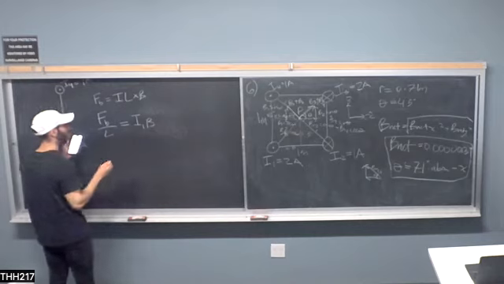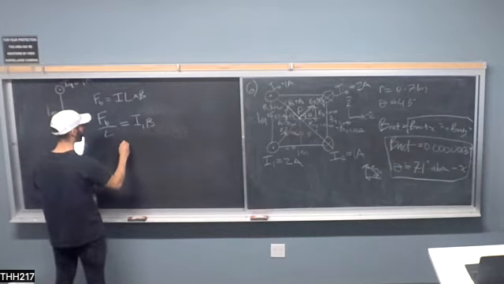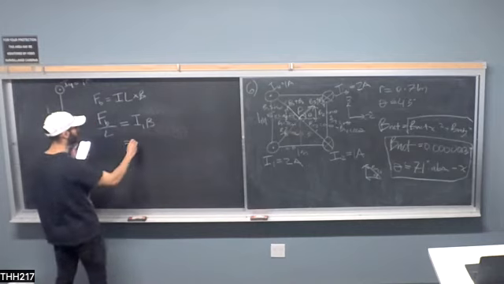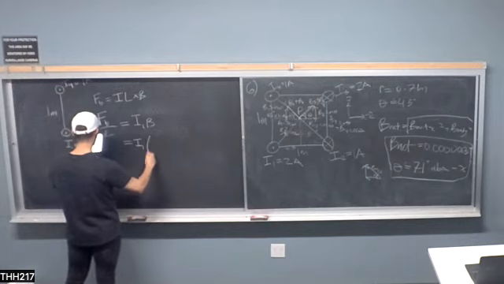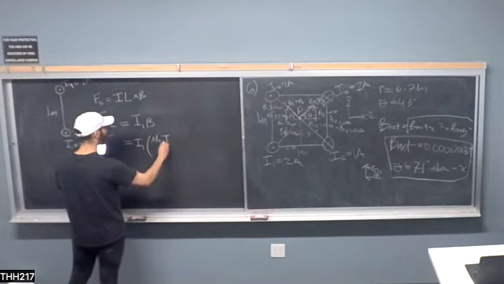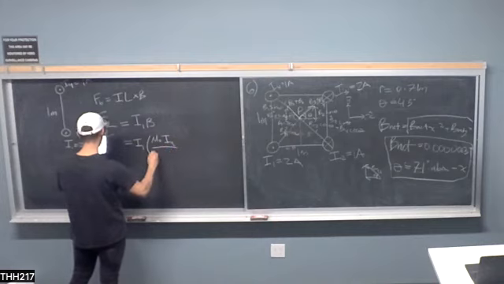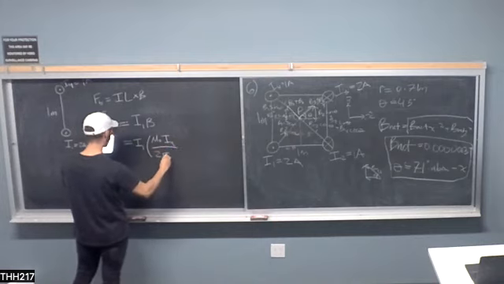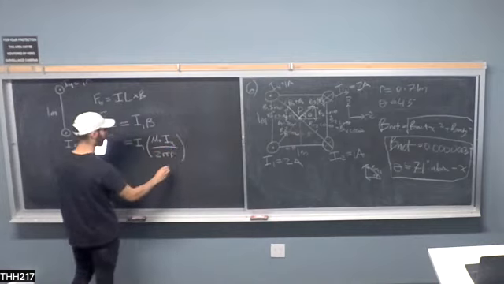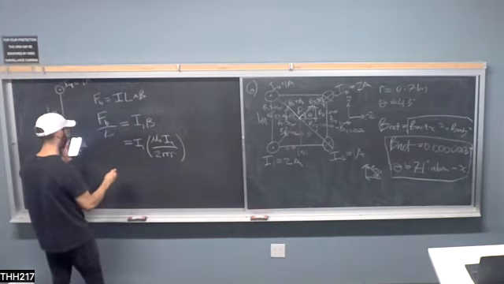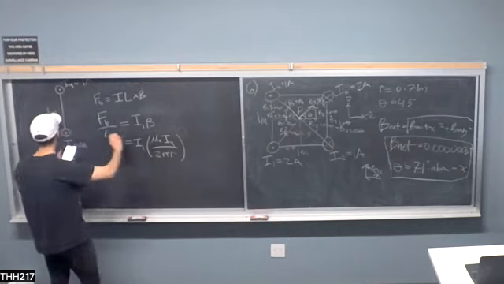And then what's B? That's equal to the field produced by I4. So it'd be I1 times mu naught I4 divided by 2 pi R, where R is equal to 1 meter.